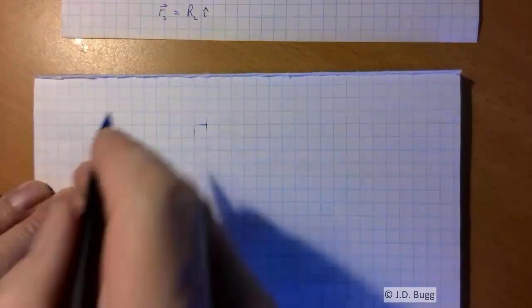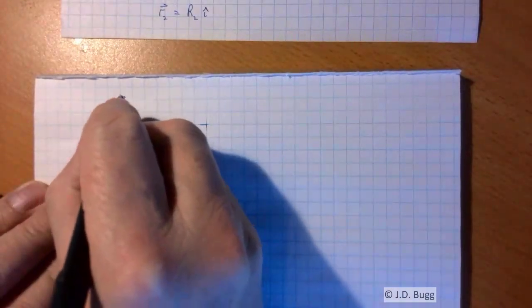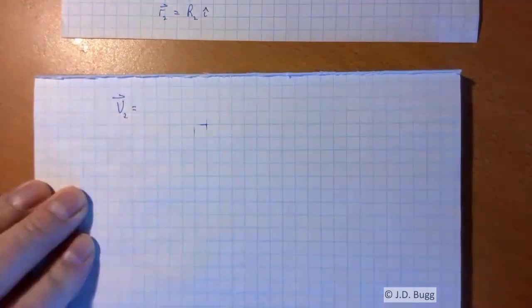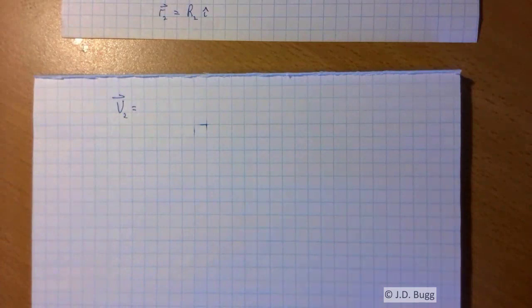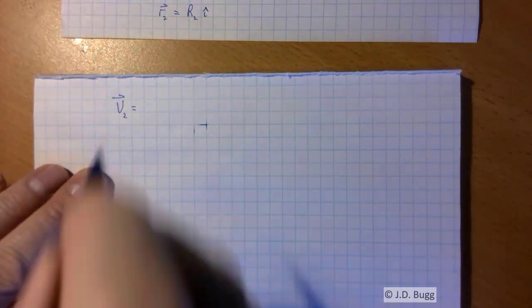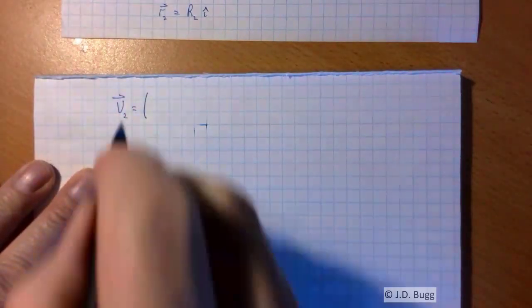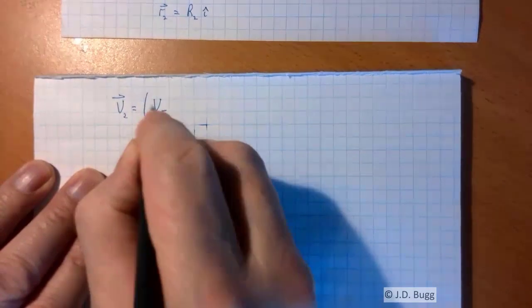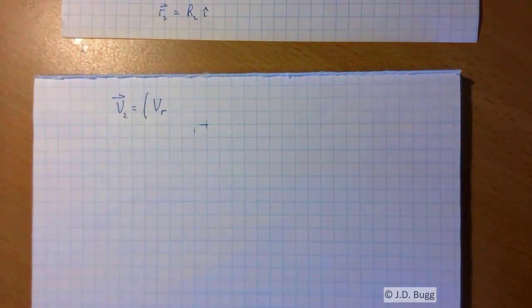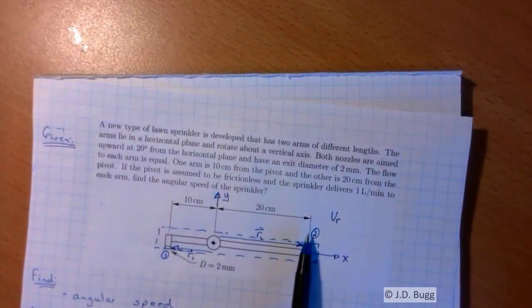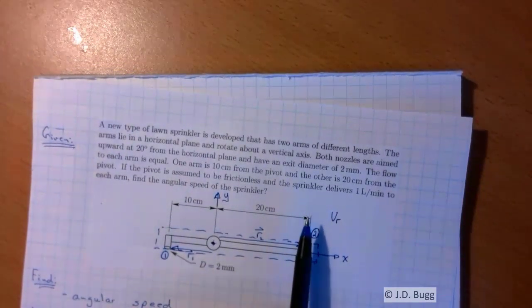So that's what we'll do here. Moving on to the next page. So our V2, we're going to do V2 first. So this is the velocity of the water coming out of exit 2 relative to the ground. Well, first off, I'm going to work on the J component of it. So we begin with our velocity relative to the nozzle, and we realize that that velocity relative to the nozzle is up at an angle of 20 degrees.